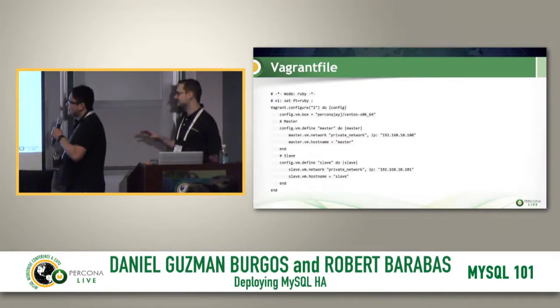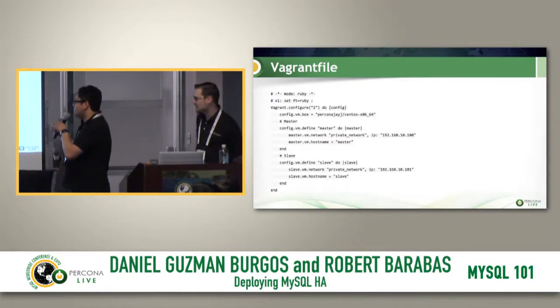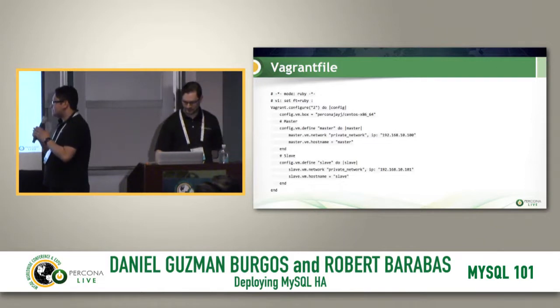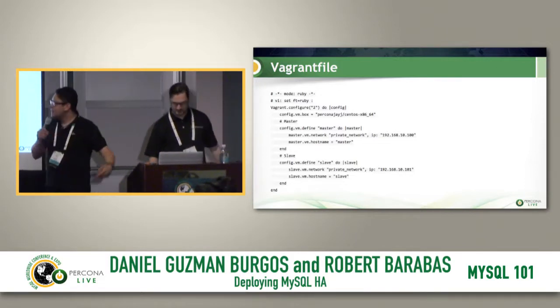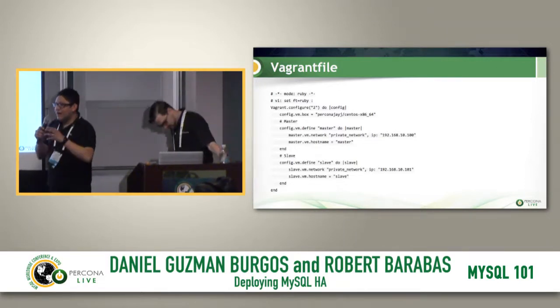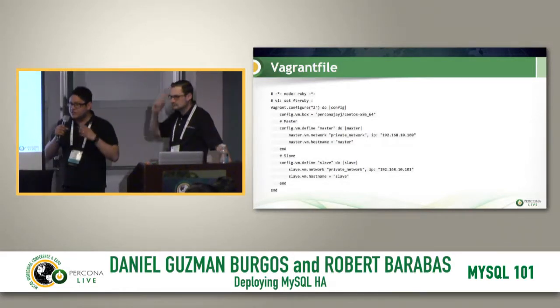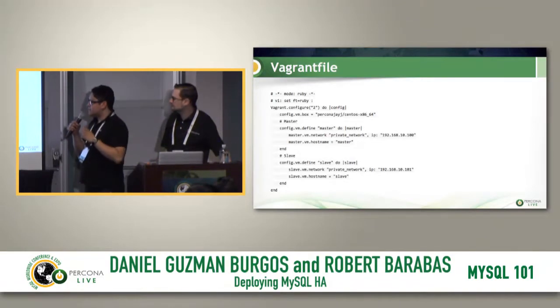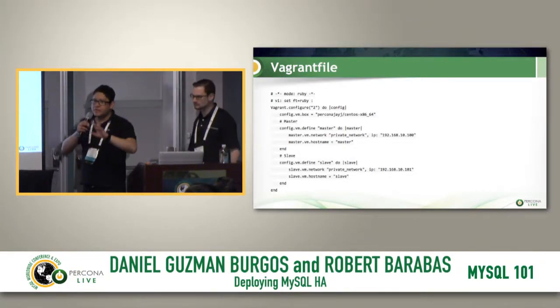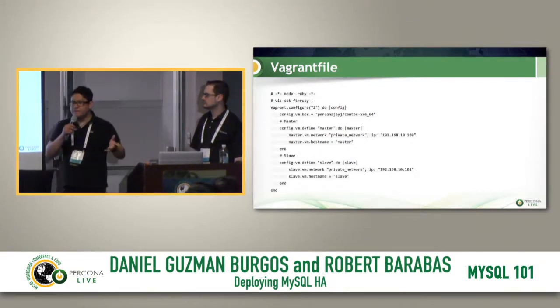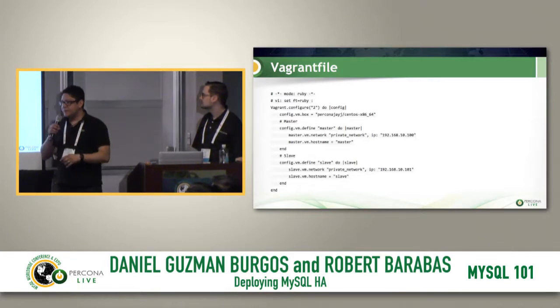So the VMs that we're using for this tutorial are just gonna be two VMs. One that will act like a MySQL master, and the other as a slave. And all is defined in here.